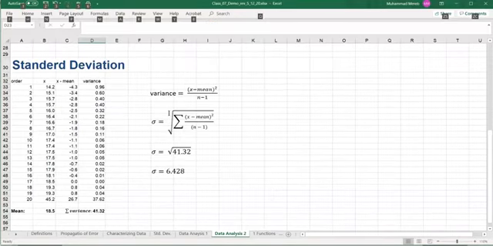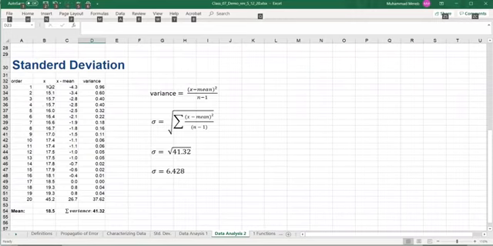This is how standard deviation is calculated. So this is the equation for the standard deviation, and mainly we have the data points, and we find the average for them.